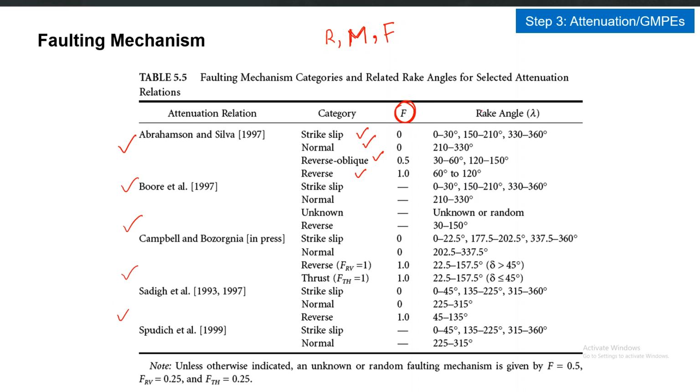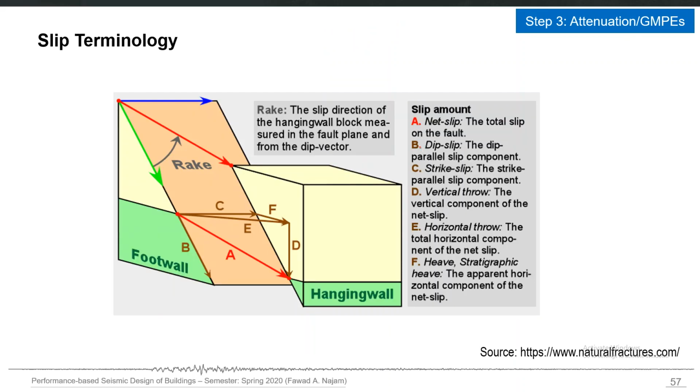The rake angle is defined here, and this will be different for different types of faults. When you have a slip and one block of land slips compared to the other block, there can be different kinds of slip terminology.